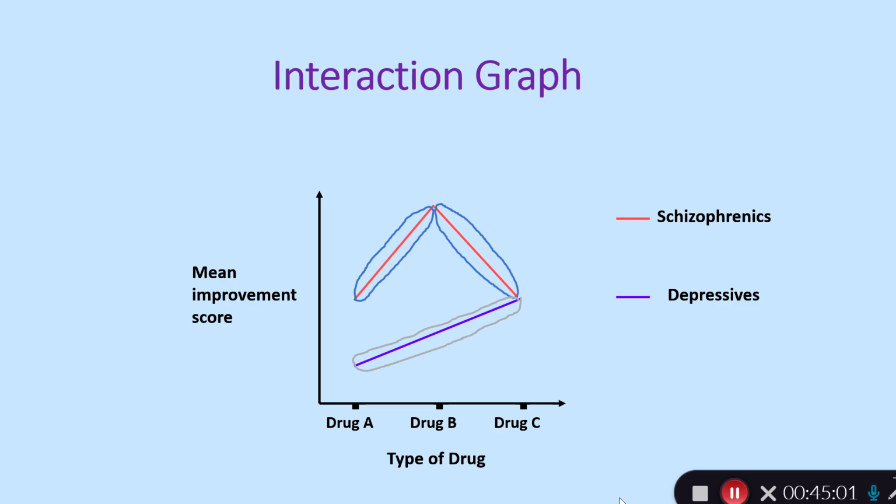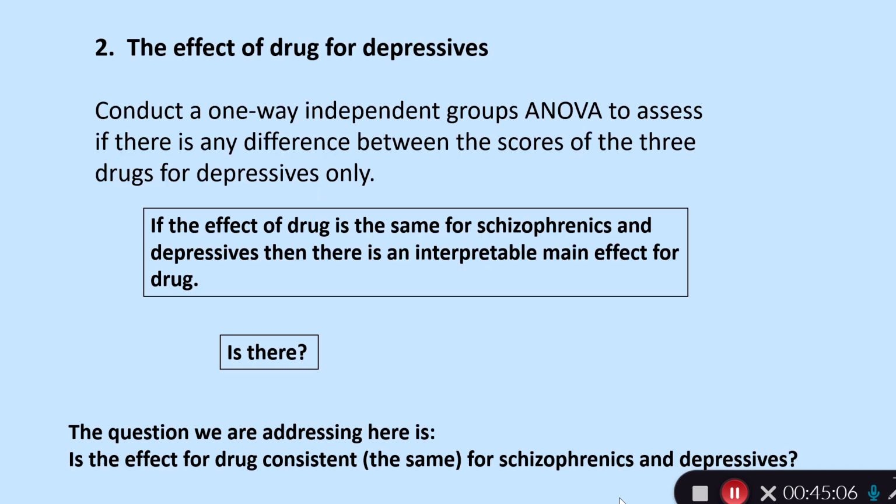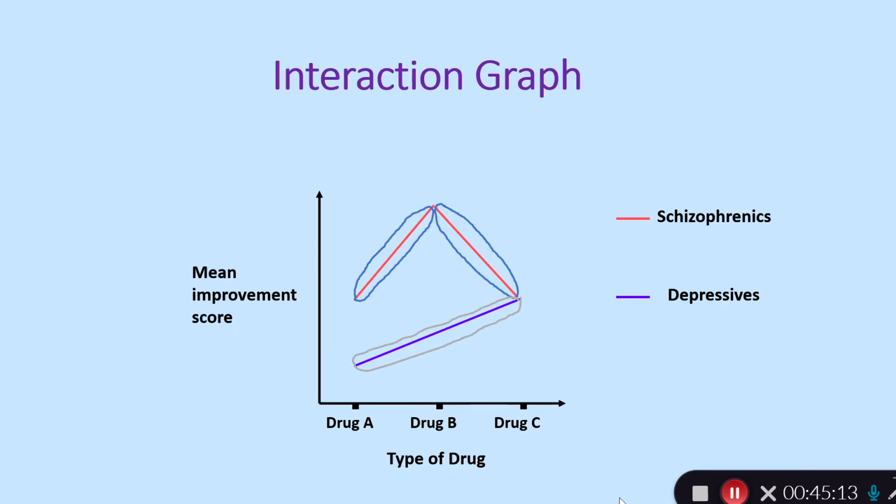And what we can see just from looking at this is, remember, what we're interested in is: is the effect of drug the same? Is it consistent for schizophrenics and depressives? And the answer is, for depressives, drug C, the blue line, has a higher mean and is better than drug B, which has a higher mean and is better than drug A. For schizophrenics, the red line, drug B is better than both drug C and drug A, which seem to have the same means.